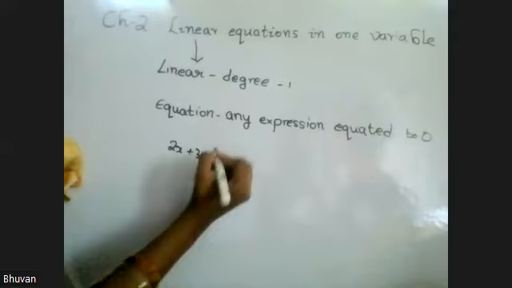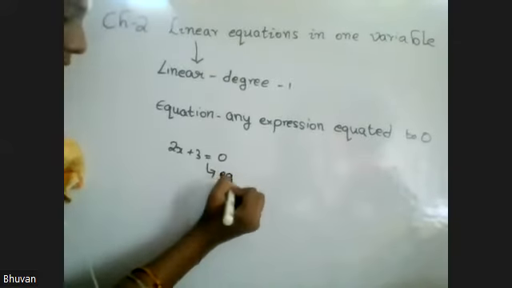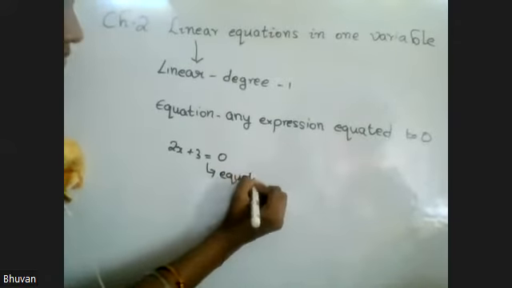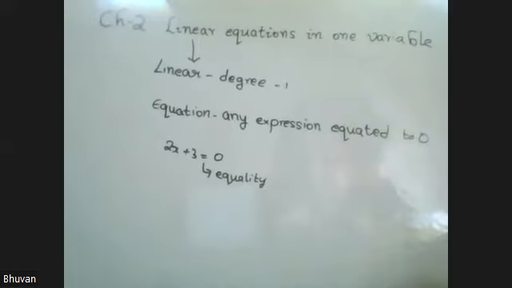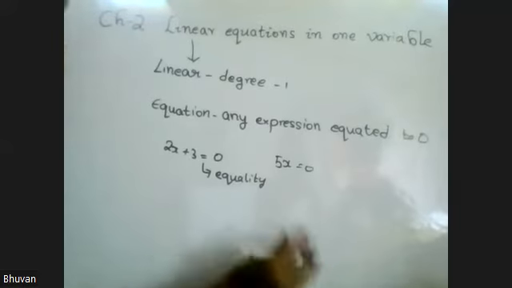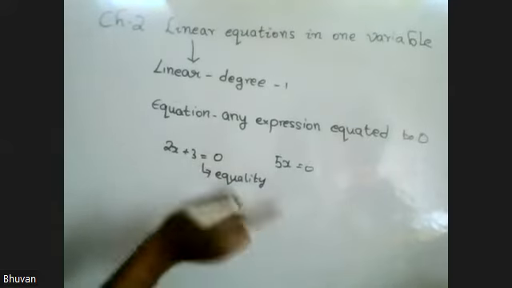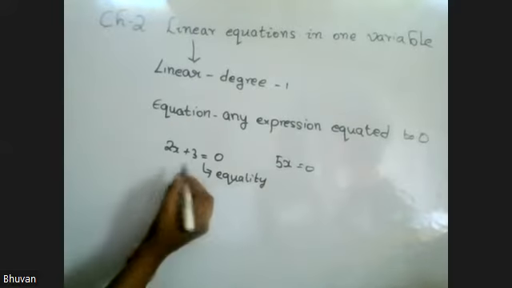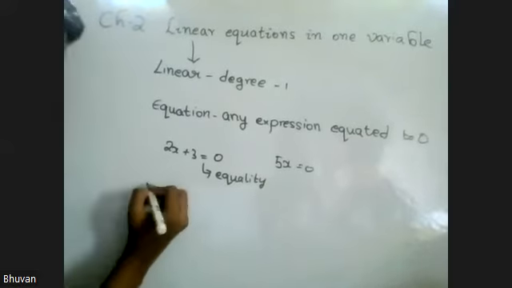This is an expression. When this is equated to 0, when this equality sign is present, this is called an equation. Or 5x is equal to 0, an equation. When we solve the equation, what we receive is called the solution of an equation. The solution is the value of the variable that satisfies the equation.